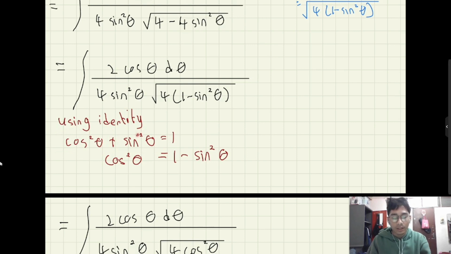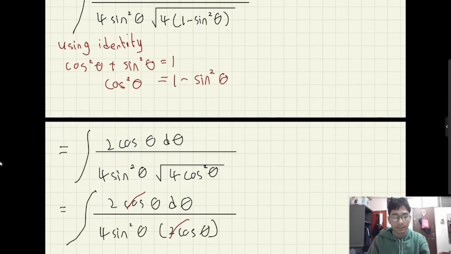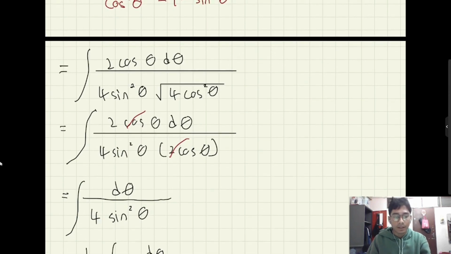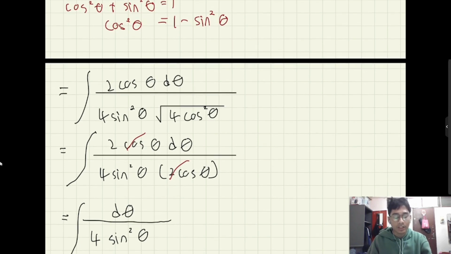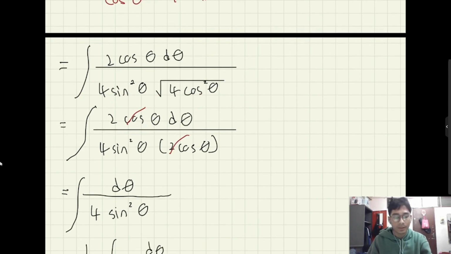Then we move the sin square theta to the right side, and we get 1 minus sin square theta equal to cos square theta. Then we can replace cos square theta into this expression. I replace it into this equation, then we will get this equation.